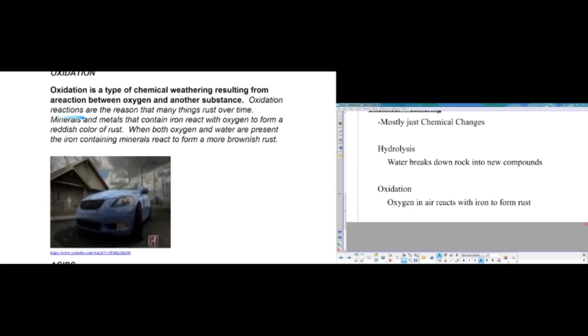Oxidation reactions are the reason that many things rust over time. Minerals and metals that contain iron react with oxygen to form a reddish color of rust. When both oxygen and water are present, the iron-containing minerals react to form a more brownish rust.